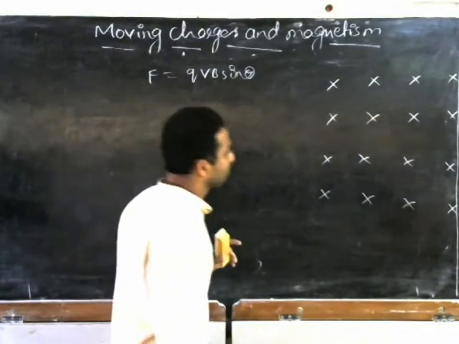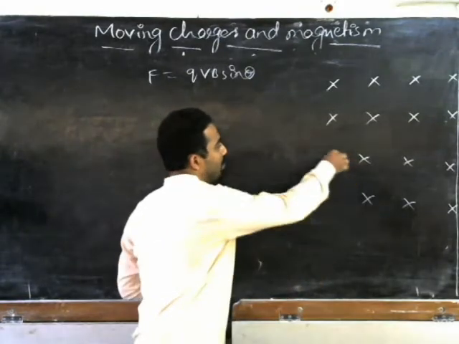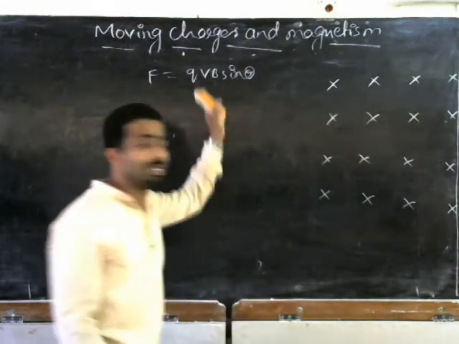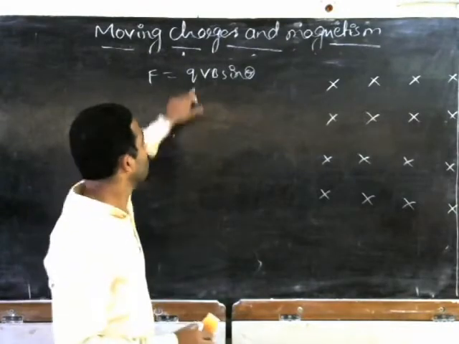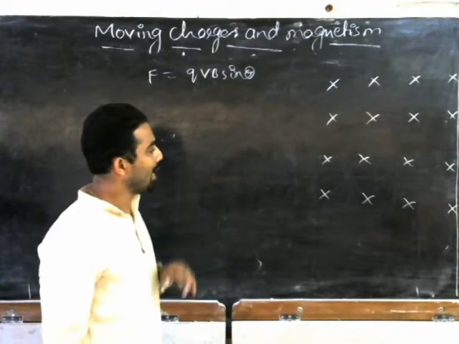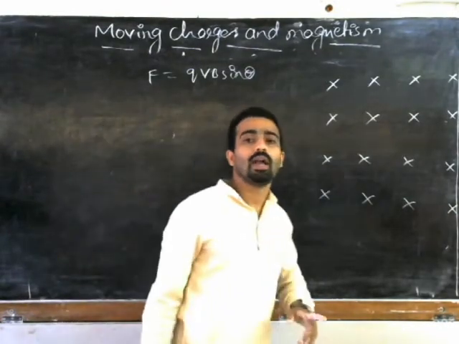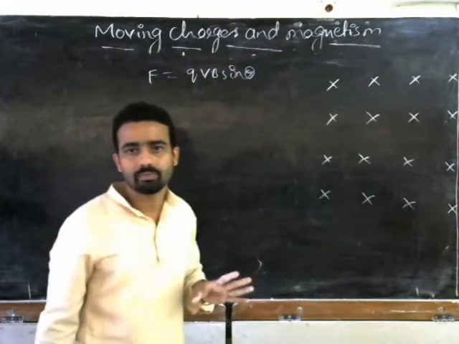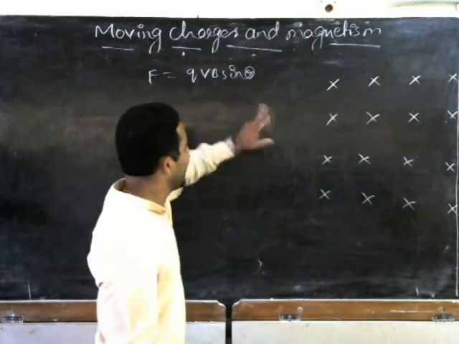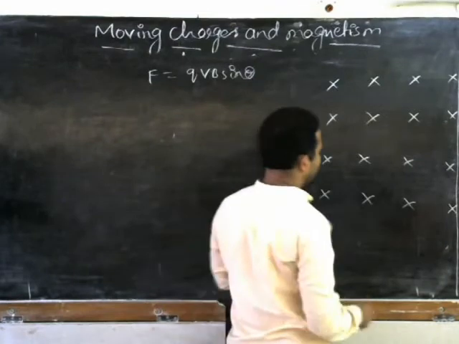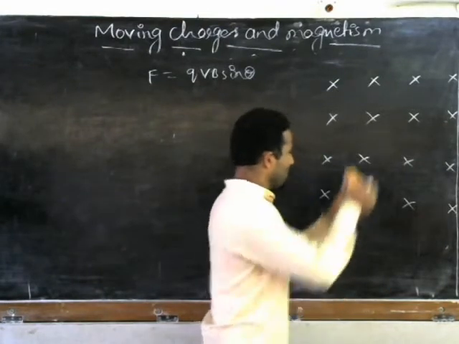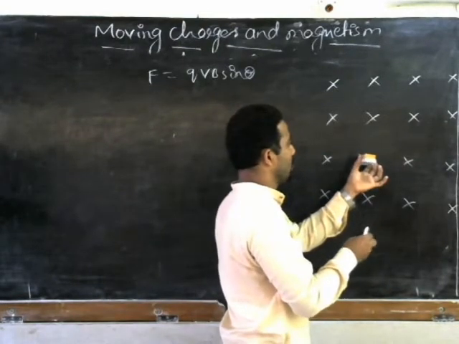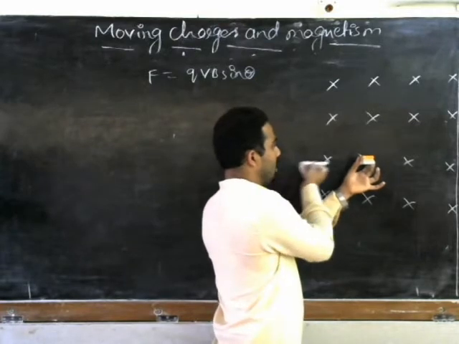Now let's say the magnetic fields are like this. There is a charge whose value is q, which is entering this field at an angle of 90 degrees. If this is the direction of the magnetic field, an electron is entering like this.